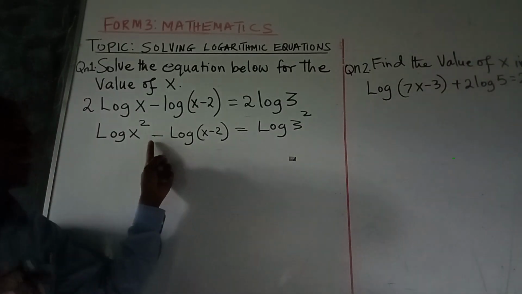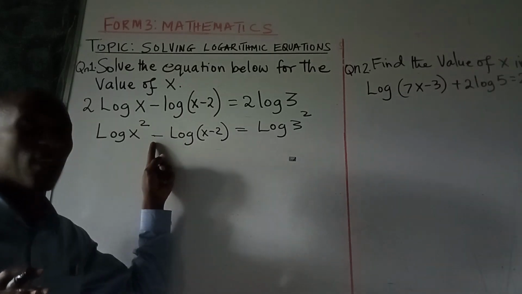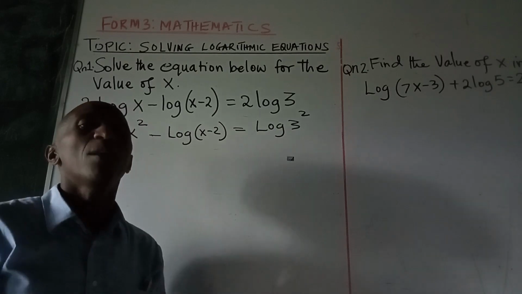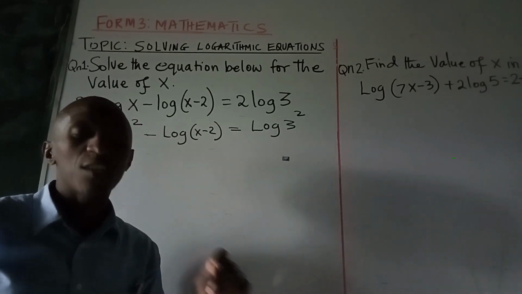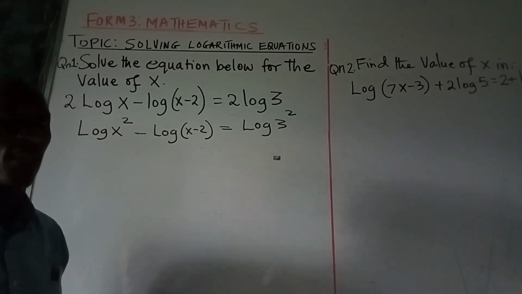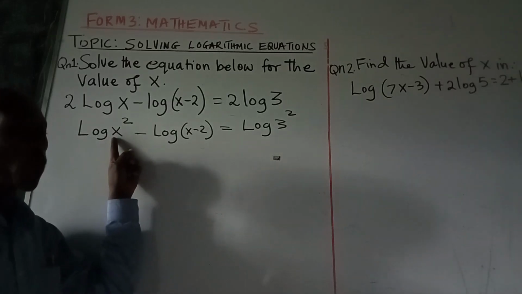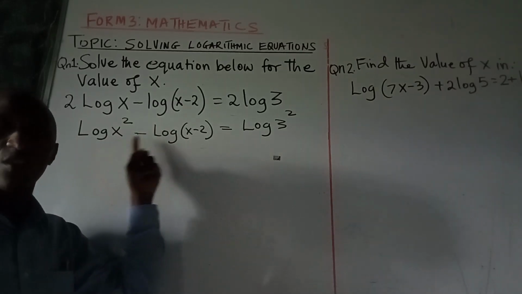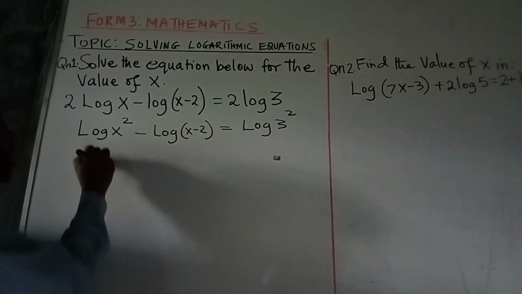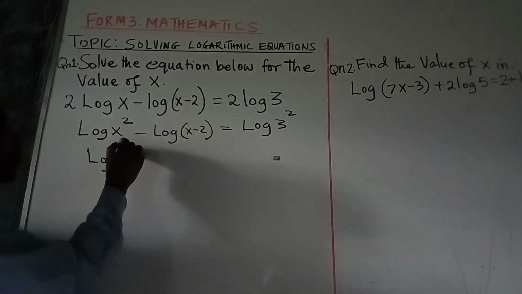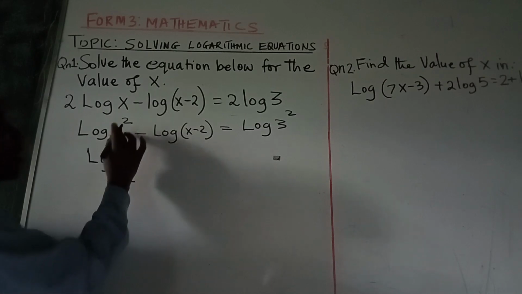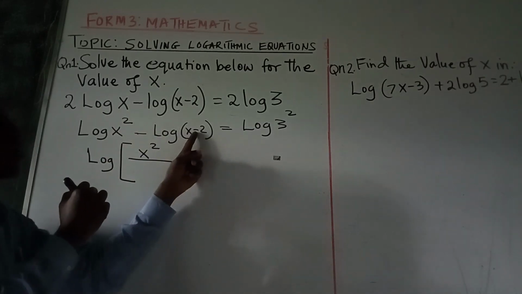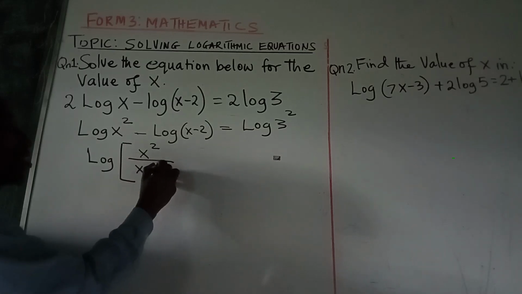However, the second rule of logarithms says that when we are subtracting logarithms, the numbers themselves are being divided. Which are our numbers? Our numbers are x squared and x minus 2. So if we factor out the logarithm, we are going to have the log of, in brackets, the numerator will be x squared, while the denominator will be x minus 2.